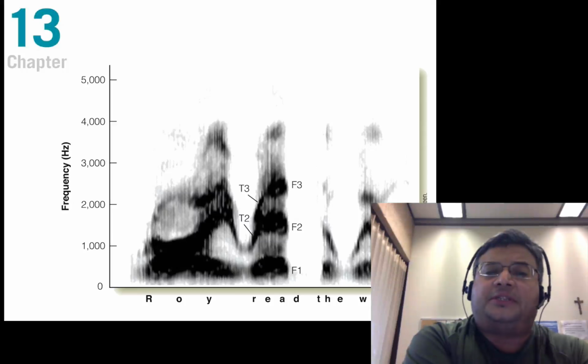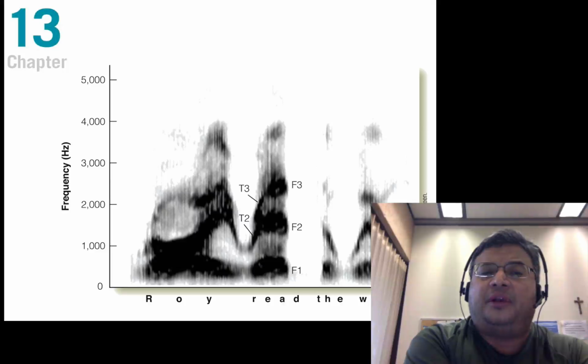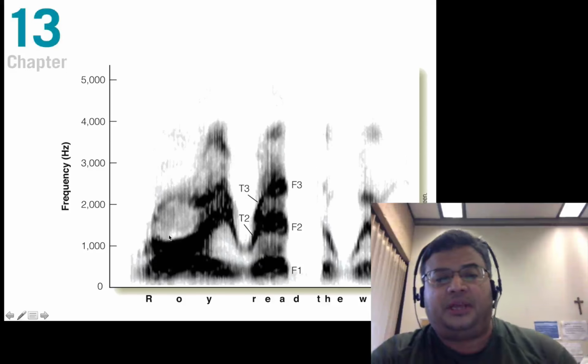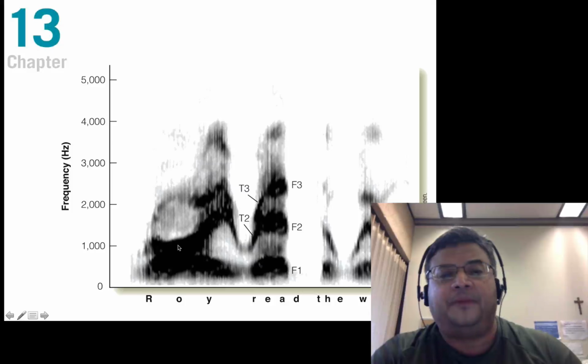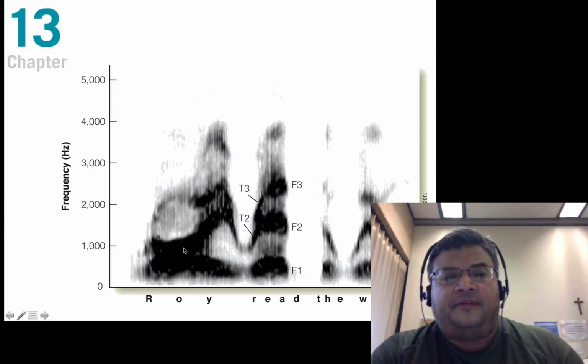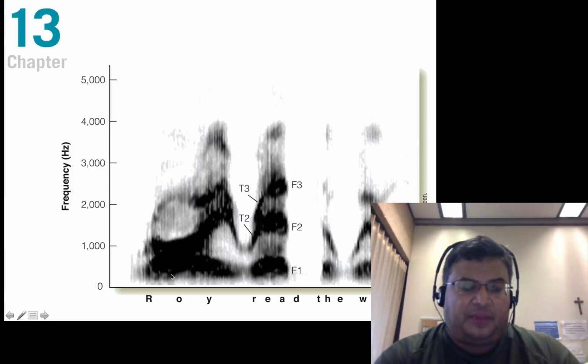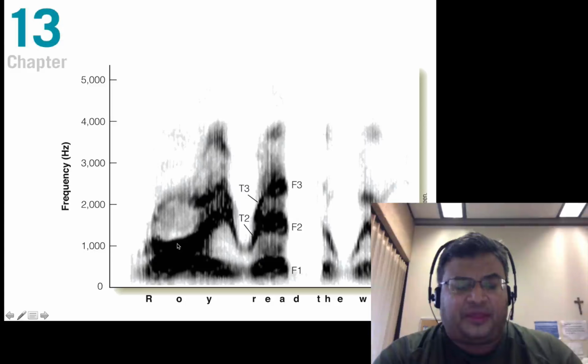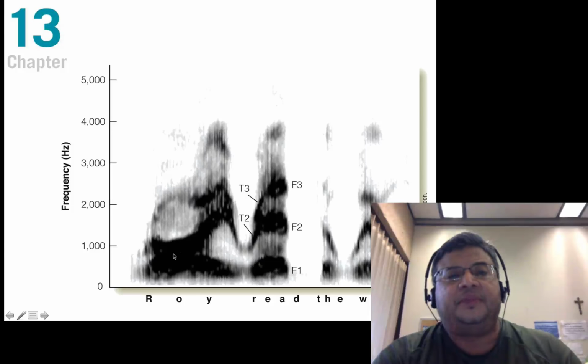The dark spots that you see are the points where the frequencies are very strong, and the lighter areas are where those particular frequencies are very much weaker. So, for example, here, this very dark spot right here is telling us that there's a lot of frequencies here that are between, say, looks like maybe around 250 and 1,000 hertz.